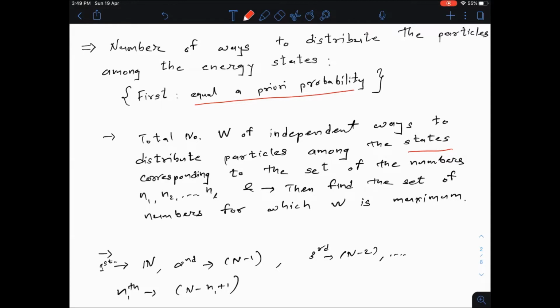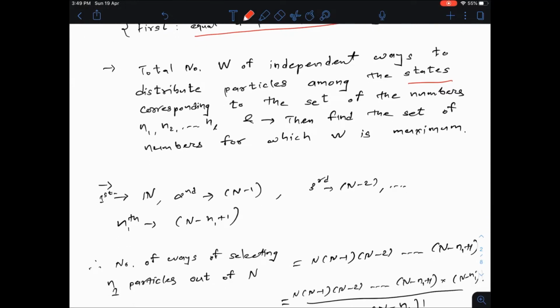So the first state with us is, let's say, with energy E1. We want to find the number of ways in which the N1 particles are chosen from N available distinguishable particles. Again, the first state we are considering is with energy E1.